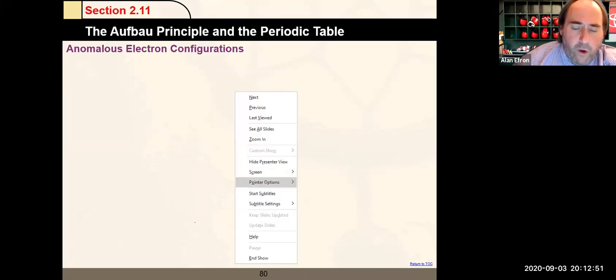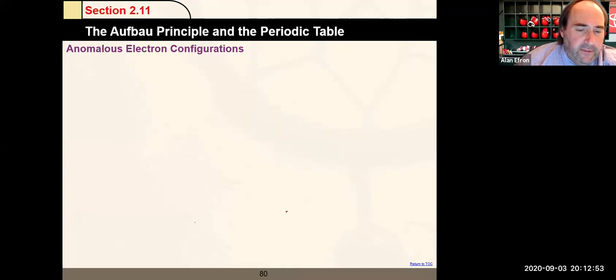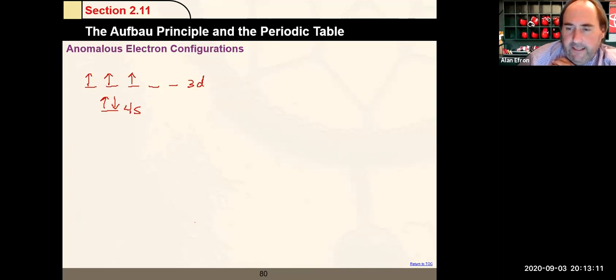As we talked about, the 4s orbital is lower than the 3d. They are super close in energy. But once we start putting electrons up into our d orbitals, we do get a switch in terms of the energy.